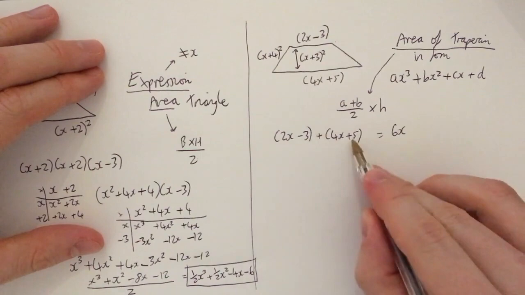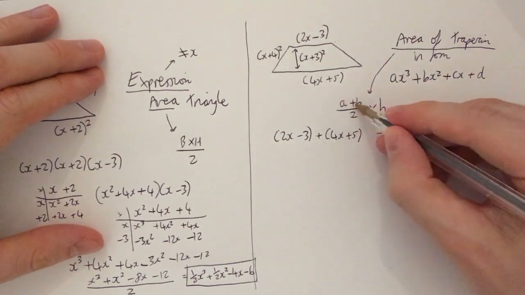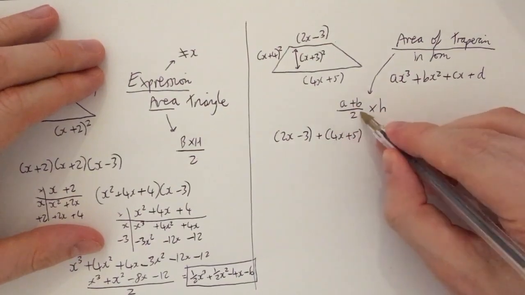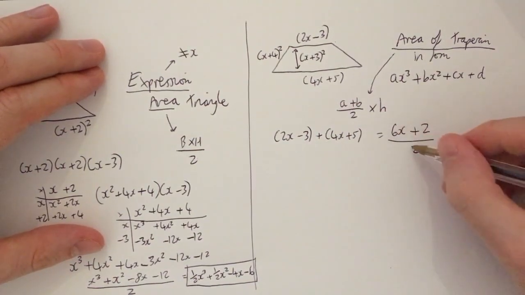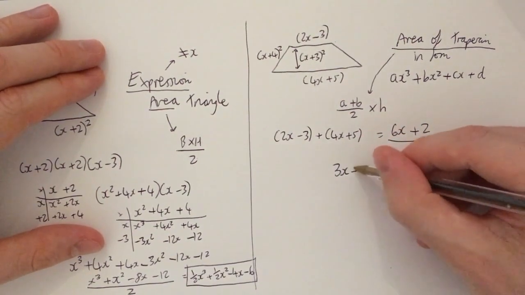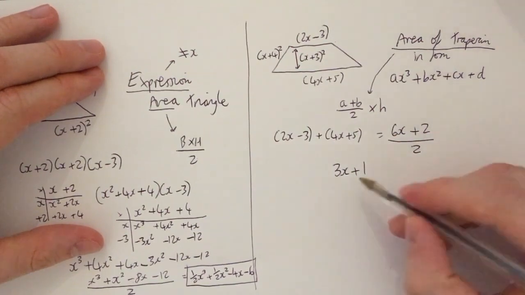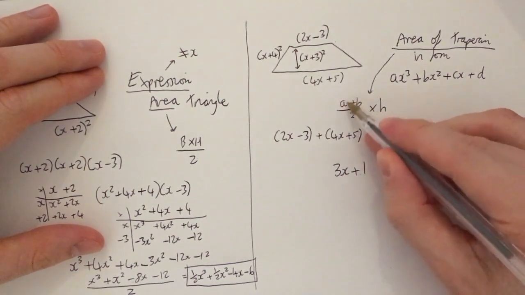Negative 3 plus 5 is plus 2. That's our a + b. I'm now going to divide by 2. So 6x divided by 2 is 3x, and 2 divided by 2 is positive 1. That is our answer to this.